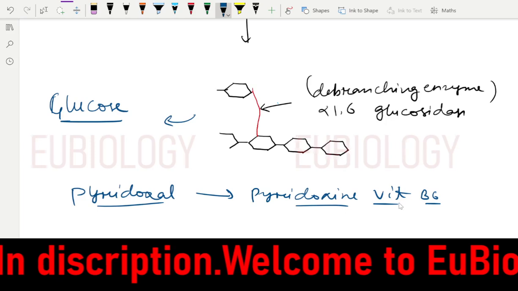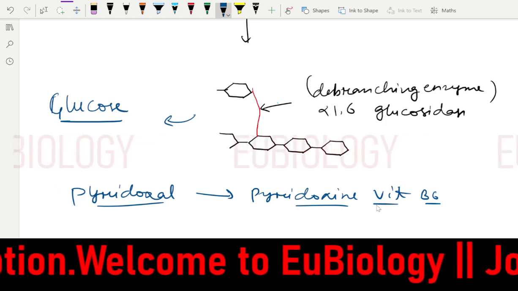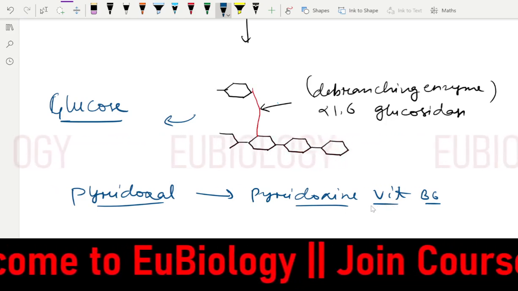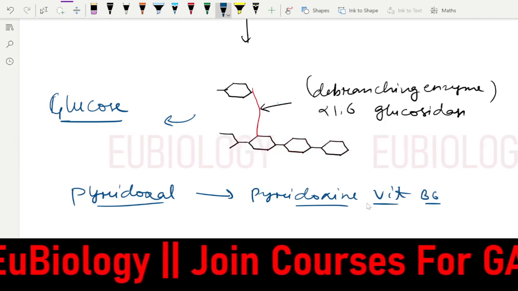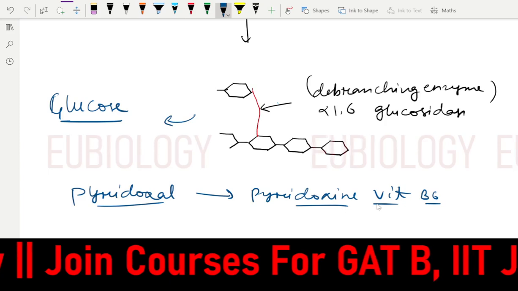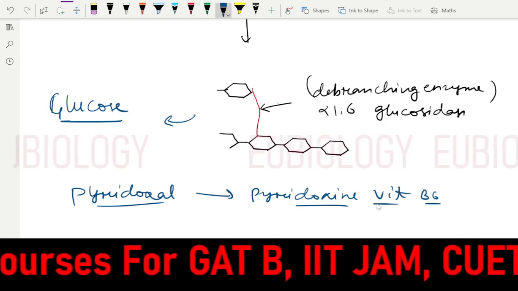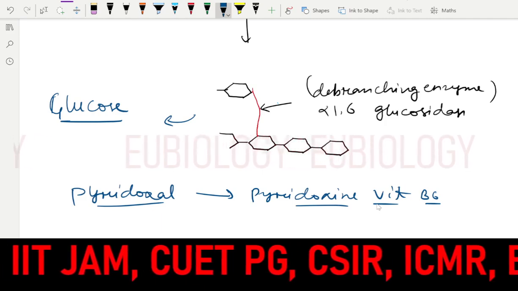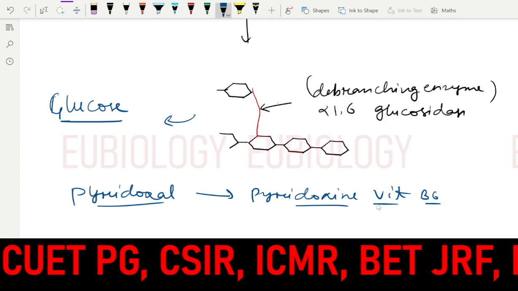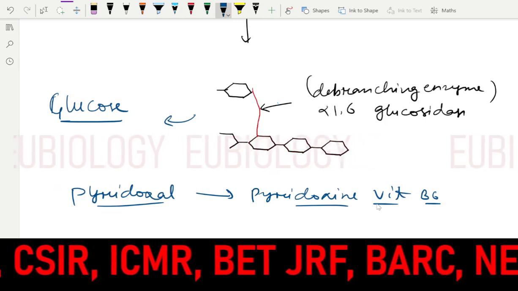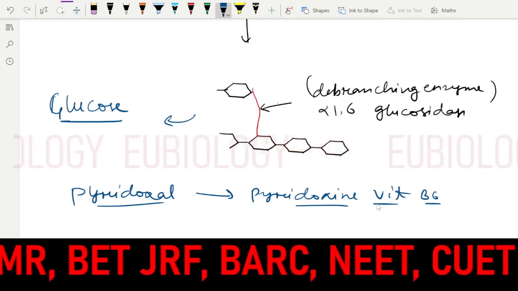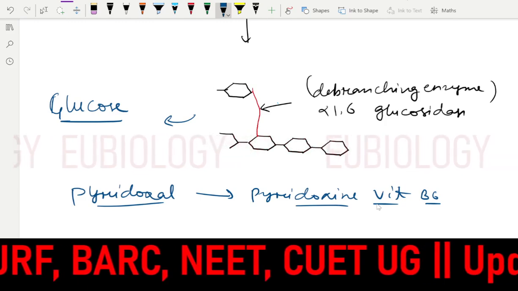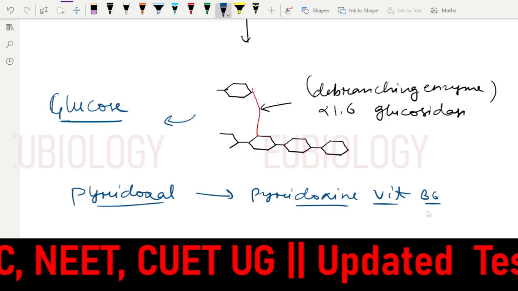If you are not taking vitamin B6, there may be a problem in carbohydrate metabolism. You will not get proper glucose, your body may become very thin, and you may become lethargic. So you have to get this vitamin B6.